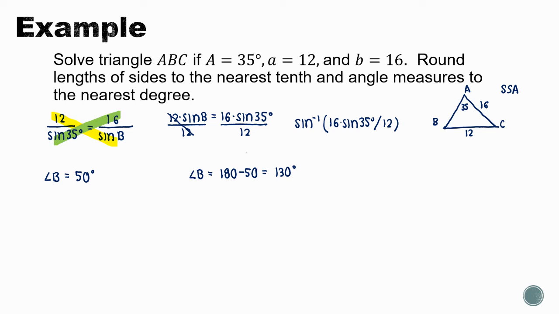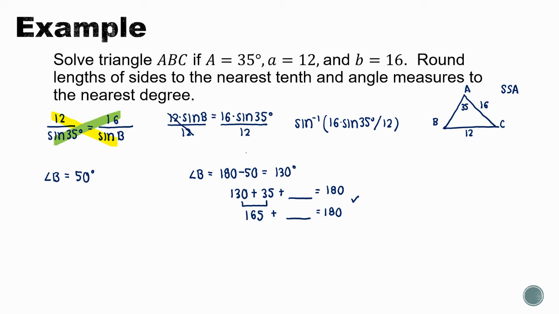Notice that with my original angle being 35 degrees, the question is, can I take 130 plus 35 plus something else and have that equal 180, which is how the angles have to add up to? Well, notice that these add up to 165, which is smaller than 180. So that means that that checks out. And so we have two triangles in this situation.